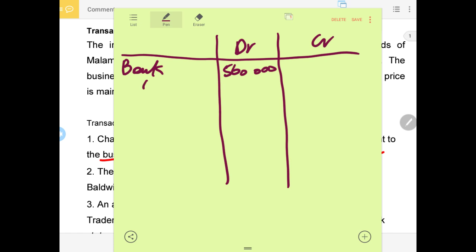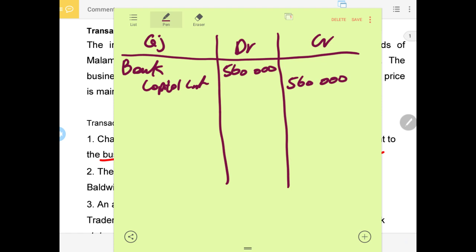This money is capital that was contributed. Then on the credit side, 560,000 will be recorded as capital contribution. Now we are recording this in the subsidiary journals, not in the general journal. The general journal, I'm just using it to explain some of the things that I believe to be crucial.